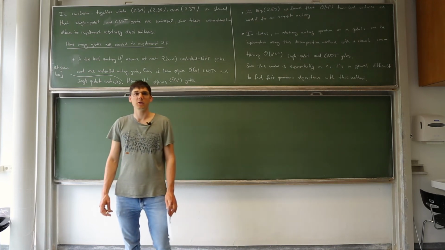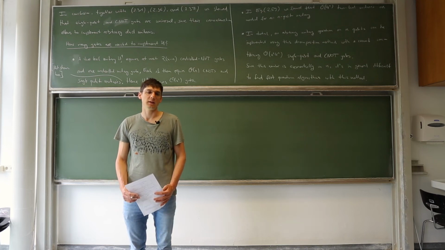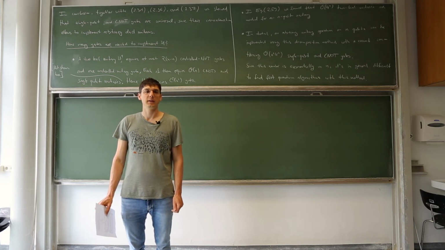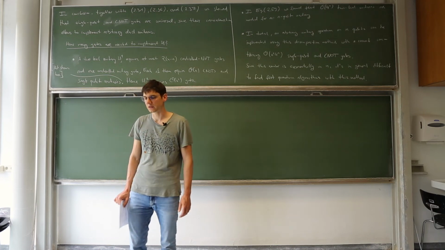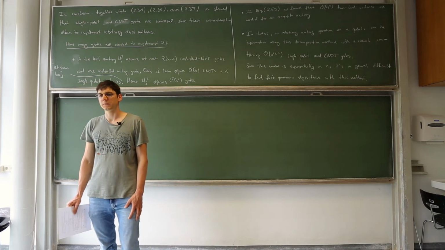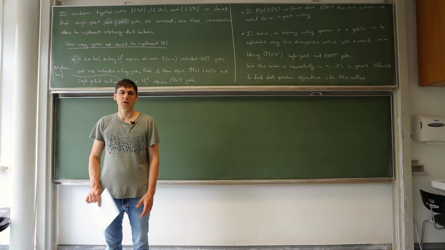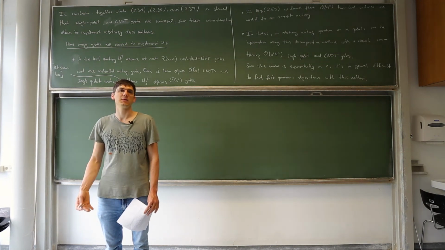Okay, now I'd like to start with the third part. Namely, I'd like to show now that every single qubit unitary gate can be approximated by Hadamard and T gates. Okay, what's the motivation? The motivation is that usually if you do computation, you'd like to do a universal computation with a finite set of gates.